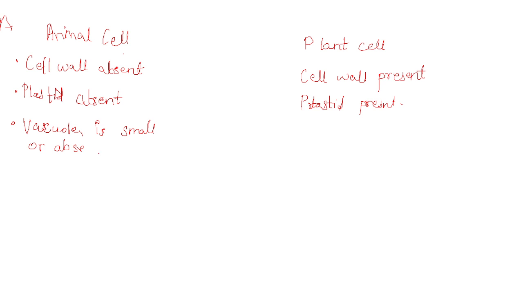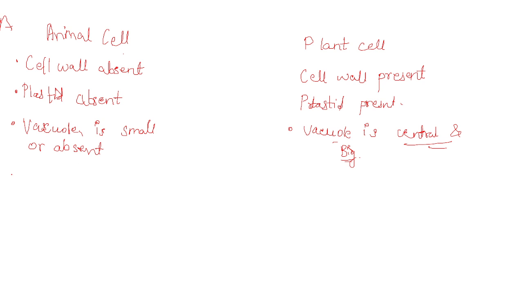In plant cell the vacuole is central and big. Maximum coverage, 90% of the plant cell, is covered by the vacuole. It is so big.